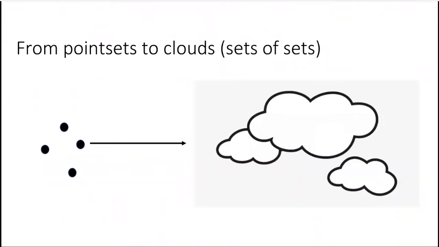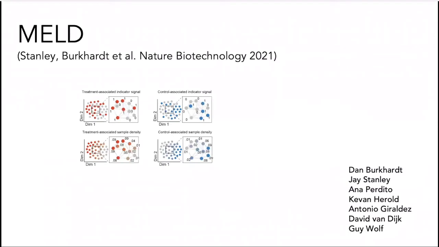So now I want to talk a little bit not just about these points lying on a manifold, but what if you had multiple data sets that were on a common manifold, and what could you do with sets of sets like this? So each data set is a set of data points, and does diffusion geometry tell you anything about how to compare these data sets?